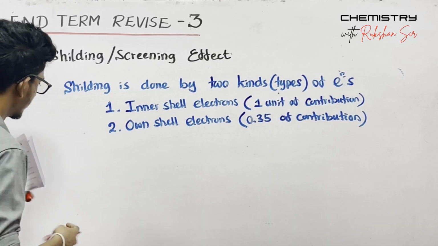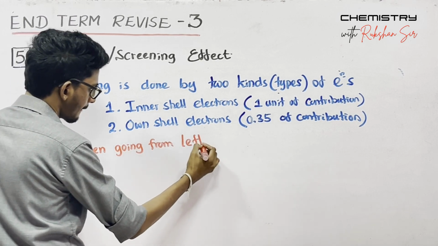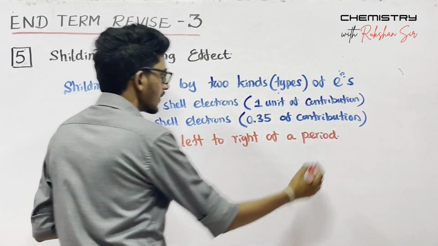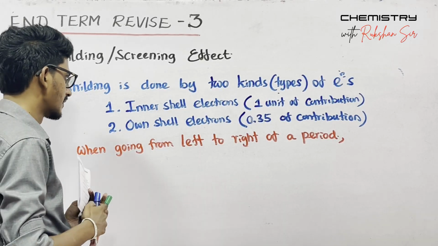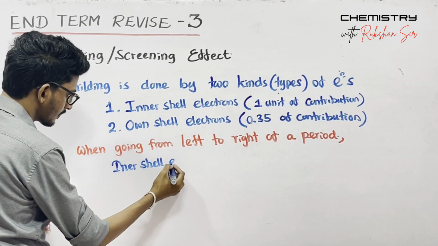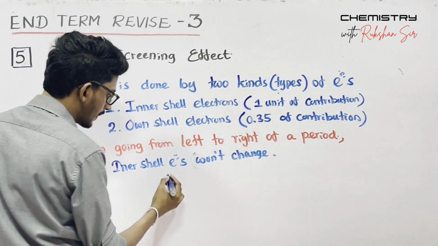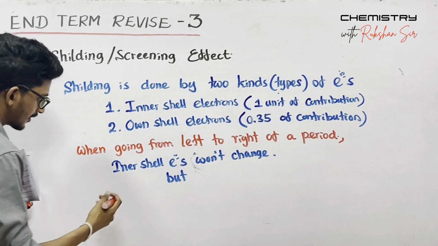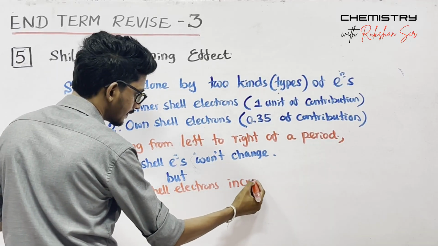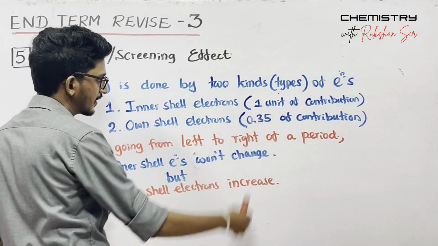Inner electrons won't change, but own shell electrons increase, so that shielding will increase by 0.35 units.